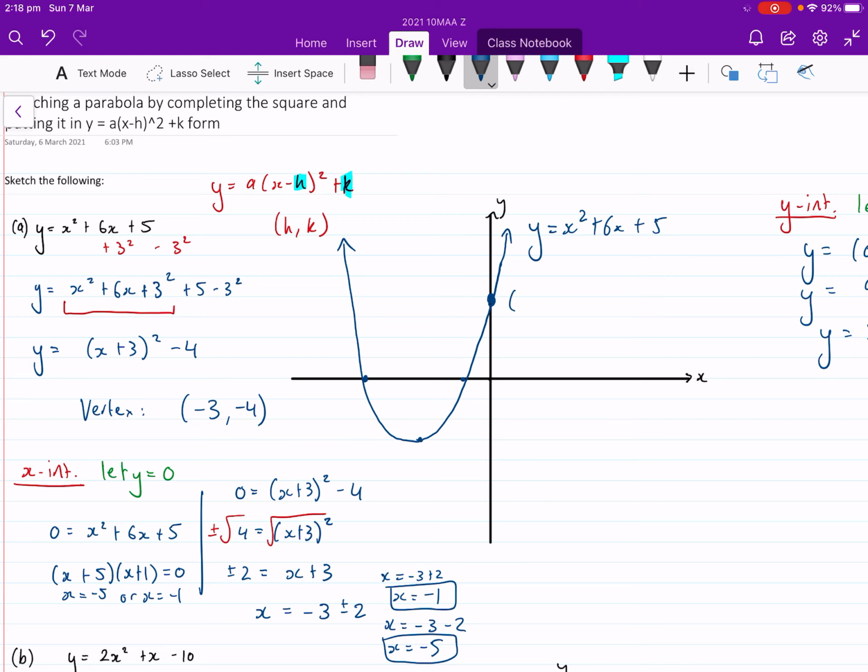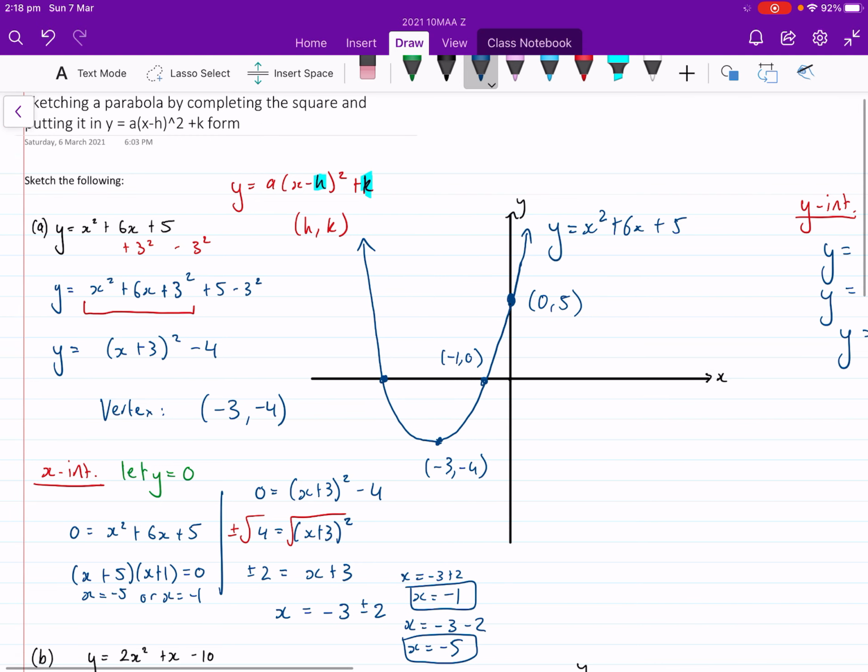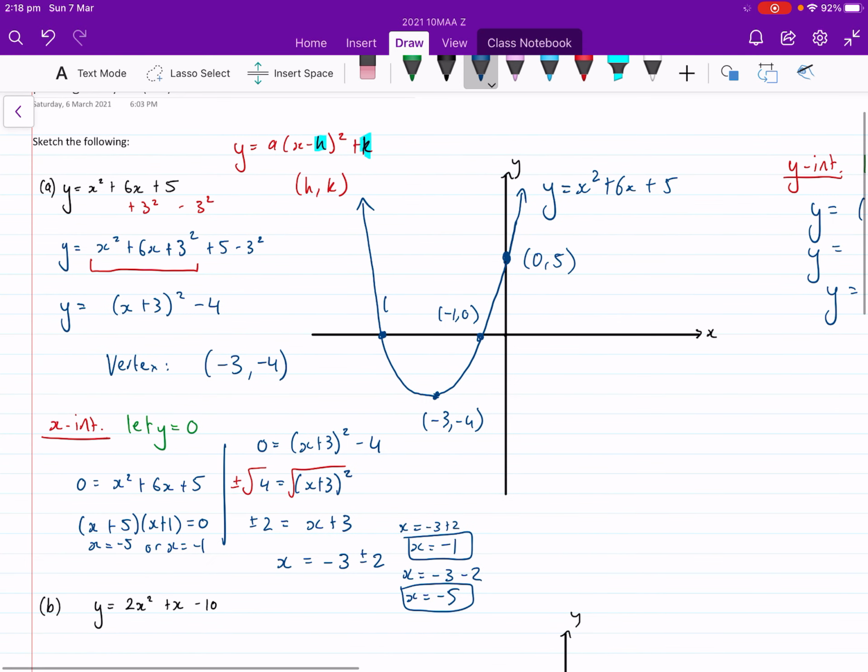In this case, I said this was (0, 5). The x-intercept over here is (negative 1, 0). The vertex was (negative 3, negative 4). And the other x-intercept is (negative 5, 0).